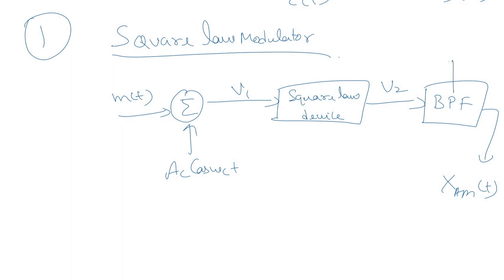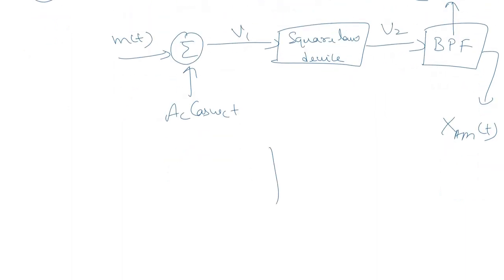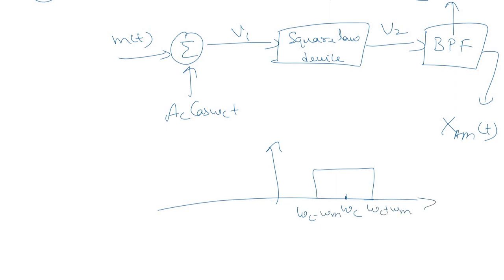The pass band of this band pass filter is considered to be omega C plus minus omega M. That means the frequency characteristic of this band pass filter will be something like this: omega C minus omega M, omega C plus omega M. Okay, so this is the pass band of the band pass filter that we are going to use over here.